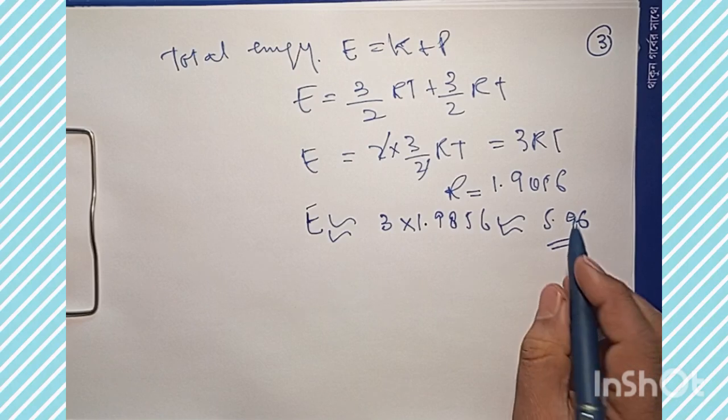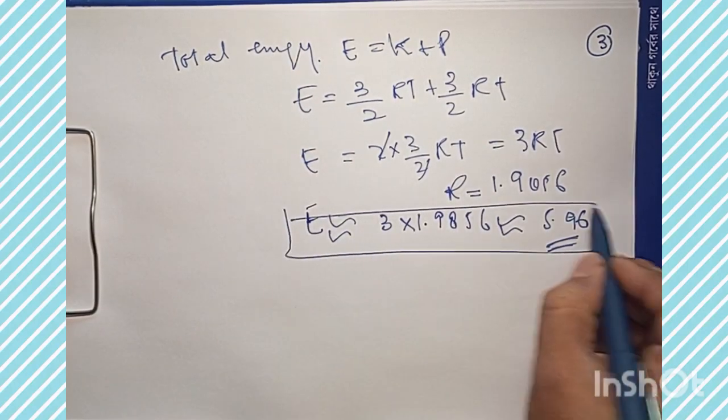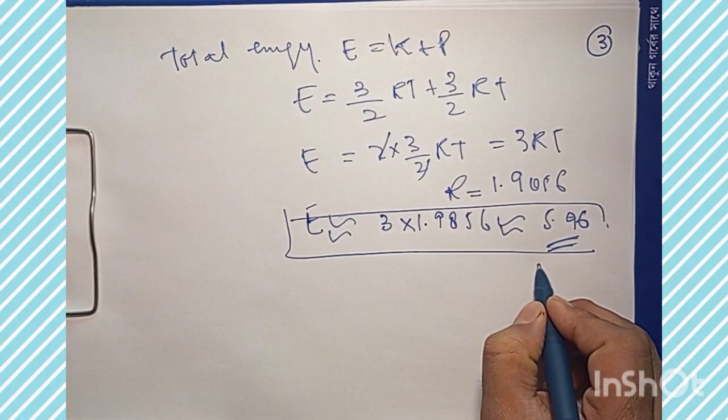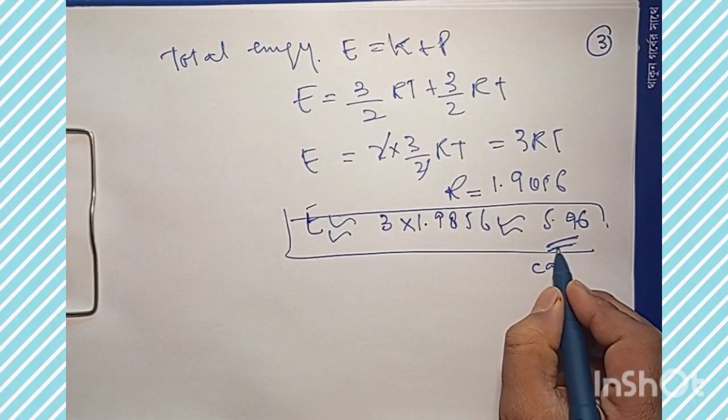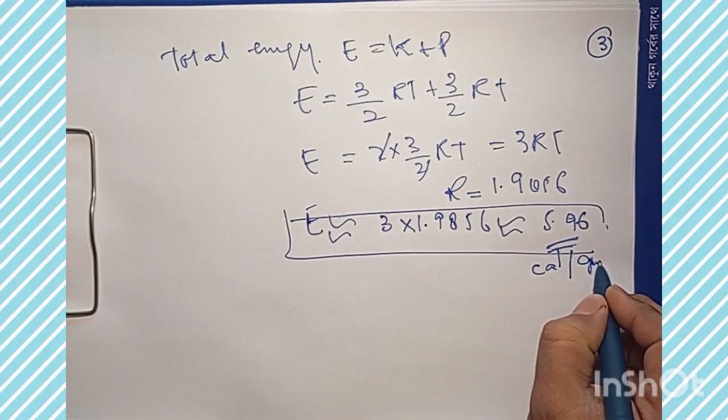So the value for E that we get here in terms of calories is 5.96 calories per gram atom.